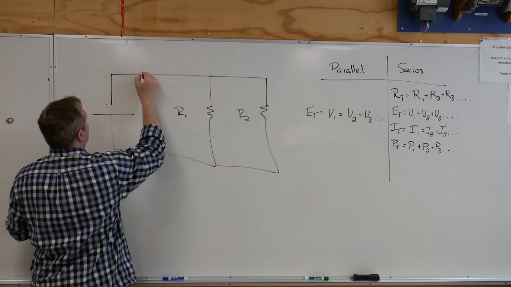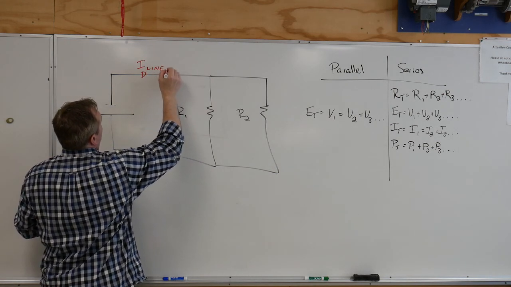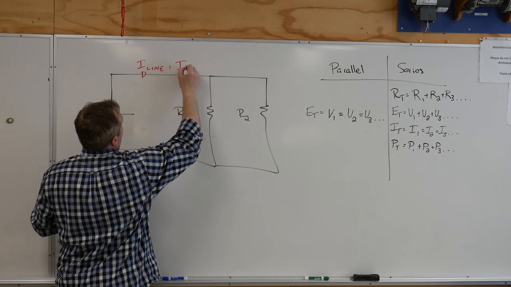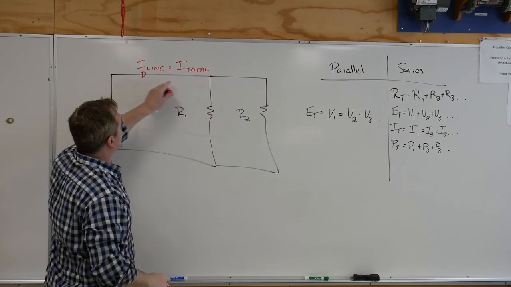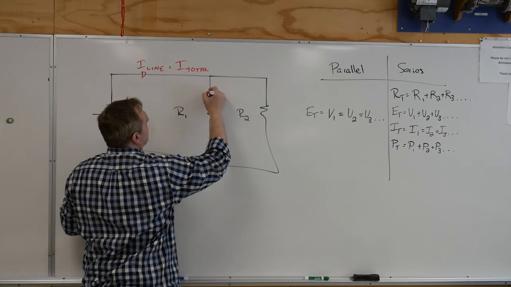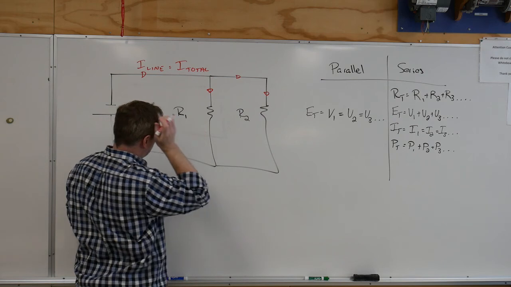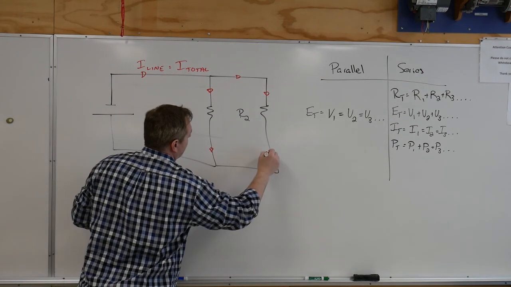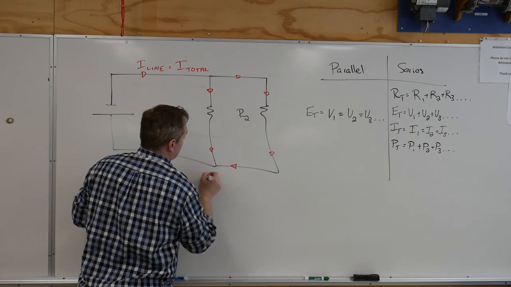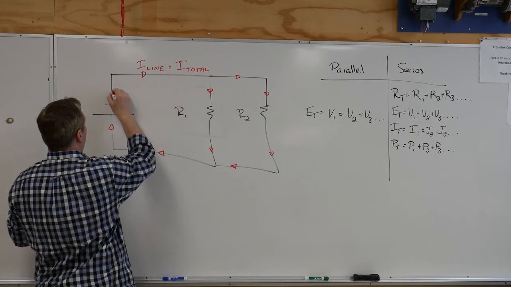Okay? We have a line current here, I'll call that I line, otherwise known as I total. The current leaving there is going to then separate and come down separately into each of those branches. Okay? And then this current is going to head down here and eventually come back this way, join back together and return home.